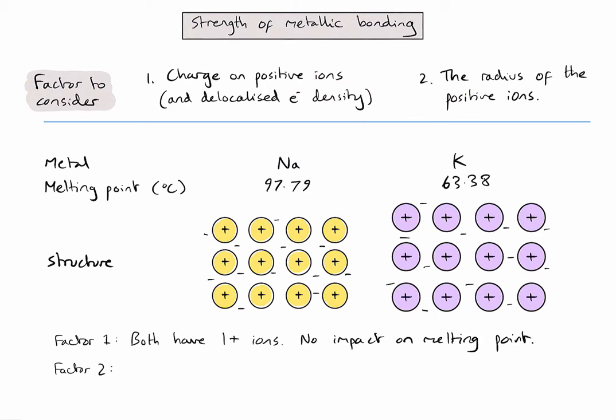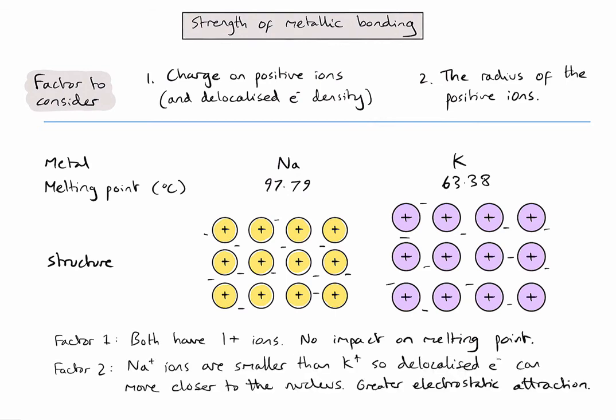In comparison, sodium has a smaller ionic radius in its ions, and therefore the delocalized electrons in the structure of sodium metal can move closer to the nucleus of those ions and will feel a greater electrostatic force of attraction. So in this case, factor 2 helps explain why potassium has a lower melting point than sodium.